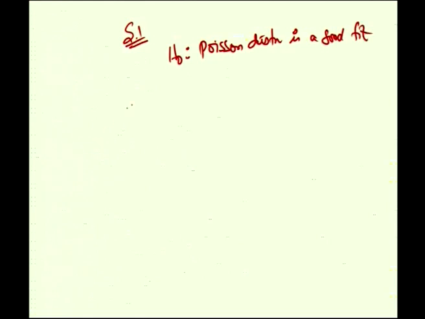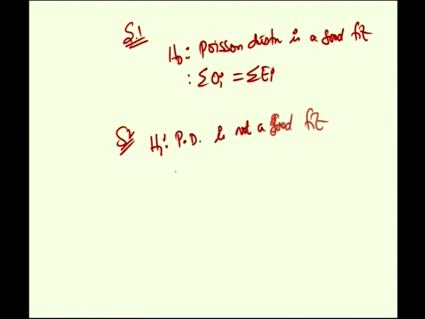Step 1 says H naught: Poisson distribution is a good fit. Mathematically, summation OI is equal to summation EI. Step 2 says H 1: a Poisson distribution is not a good fit, that is summation OI is not equal to summation EI.